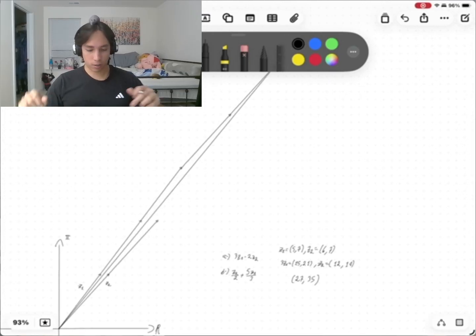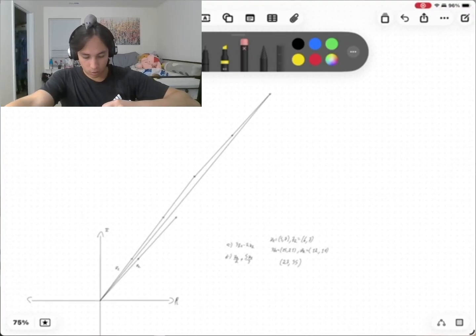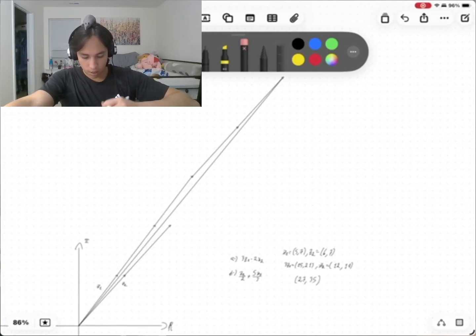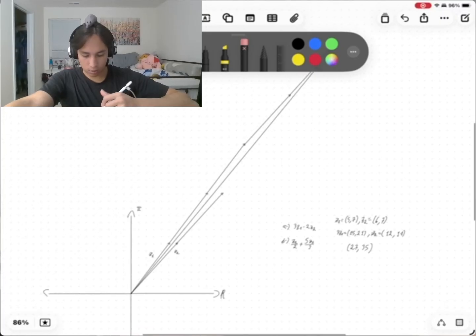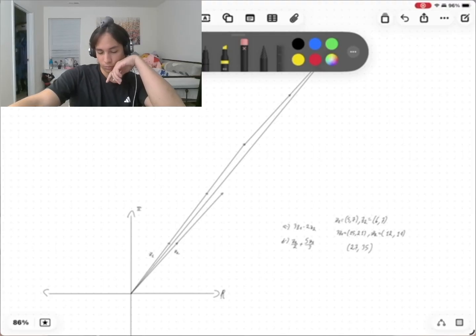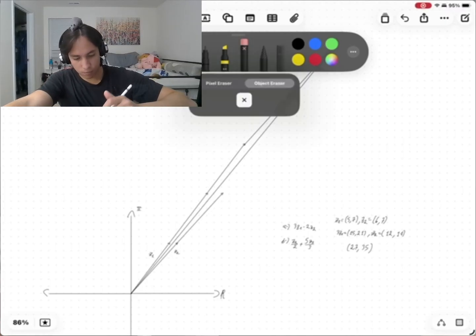Now for my second trick, I'm going to get some smaller numbers to work with. Actually, no, I'm going to get the same numbers. Actually, let's change it.